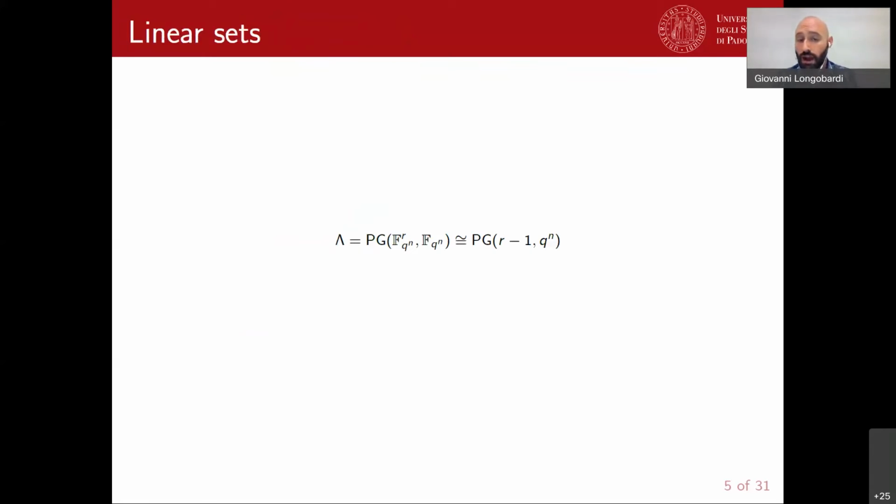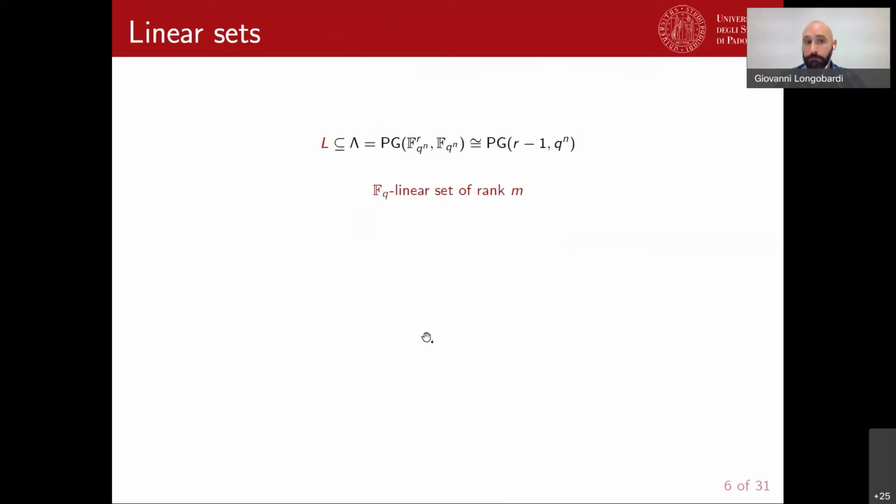Here we are in a projective space over the finite field F_{q^n} of dimension r-1. It is the set of subspaces of the vector space F_{q^n}^r over F_{q^n}.